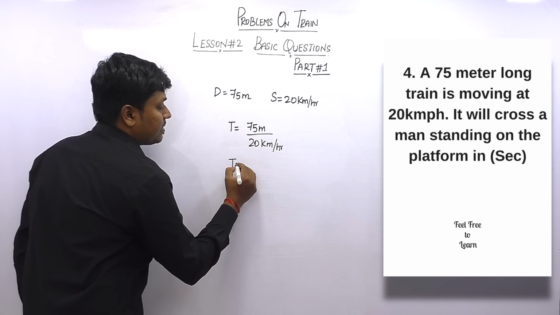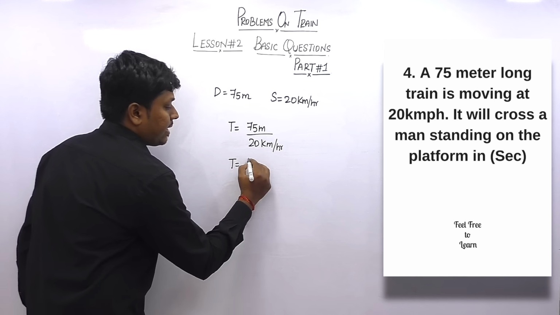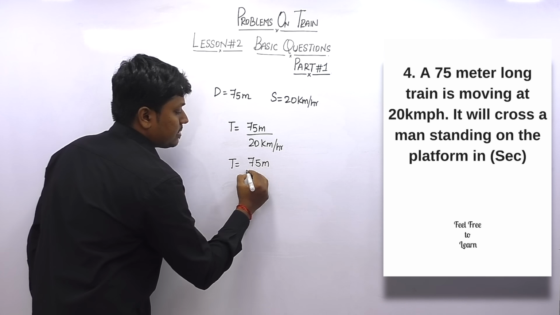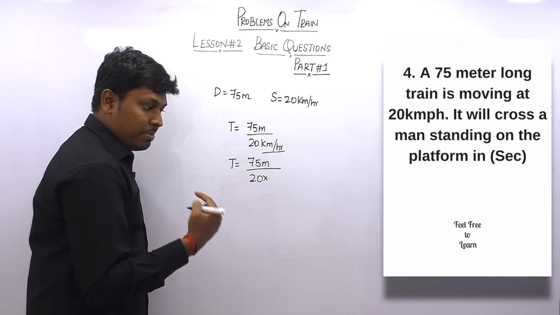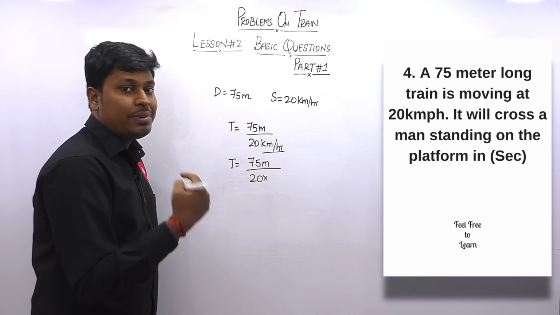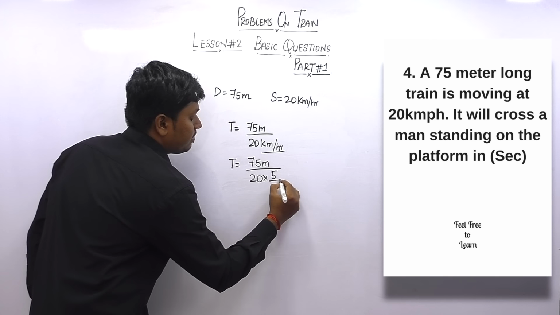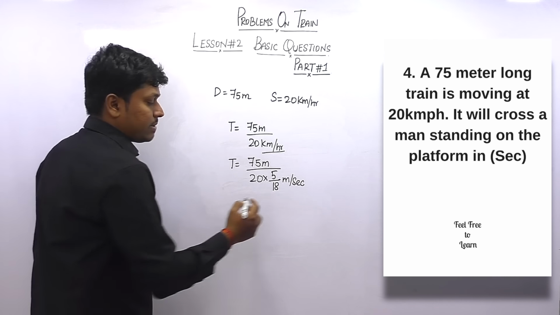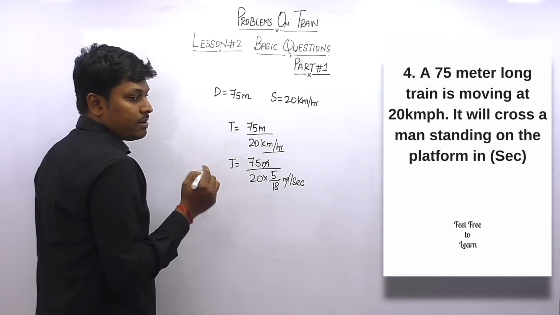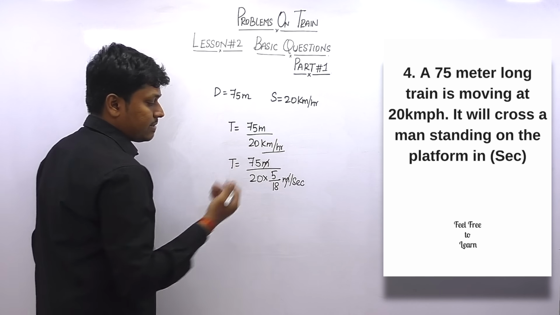So first let me convert this kilometer per hour into meter per second so that we can cancel both the meters. So 20 into 5 by 18, so that we can convert this value into meter per second. So now you can cancel meter and meter. So finally we get an answer in seconds, right?